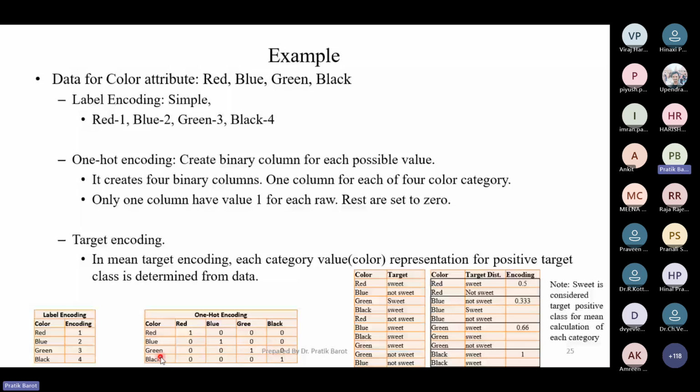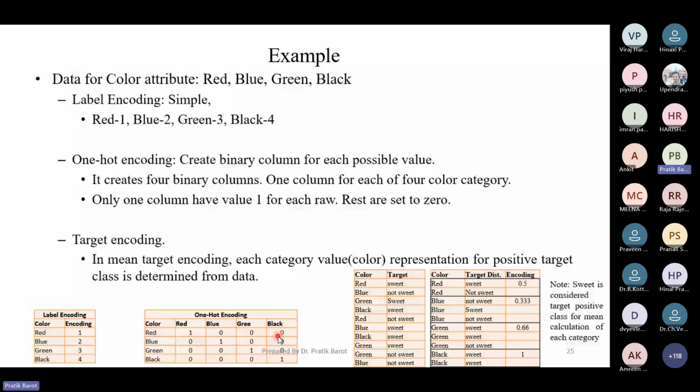Similarly, for green, we set the value 1 to green, and for black, we set the value 1 to the black column. So in one-hot encoding, for one color attribute, there are 4 possible values, so we create 4 binary columns. For each tuple, only a single column has value 1 and all the other binary columns have value 0.